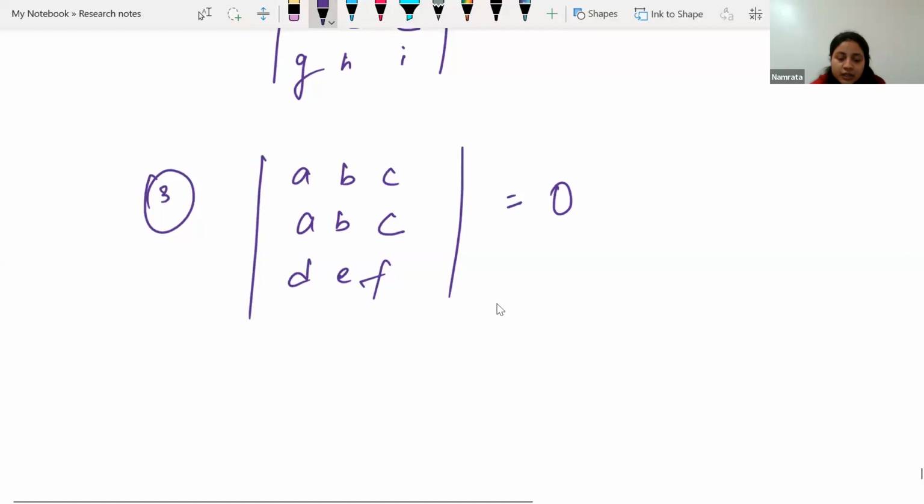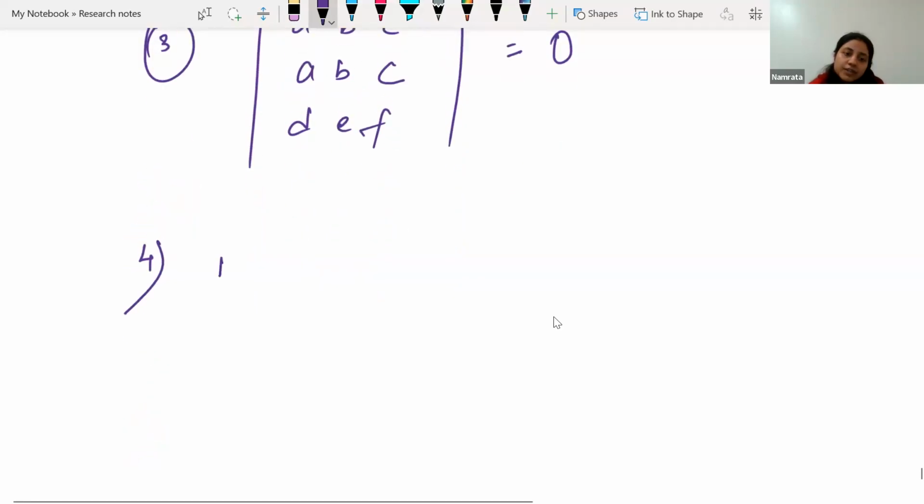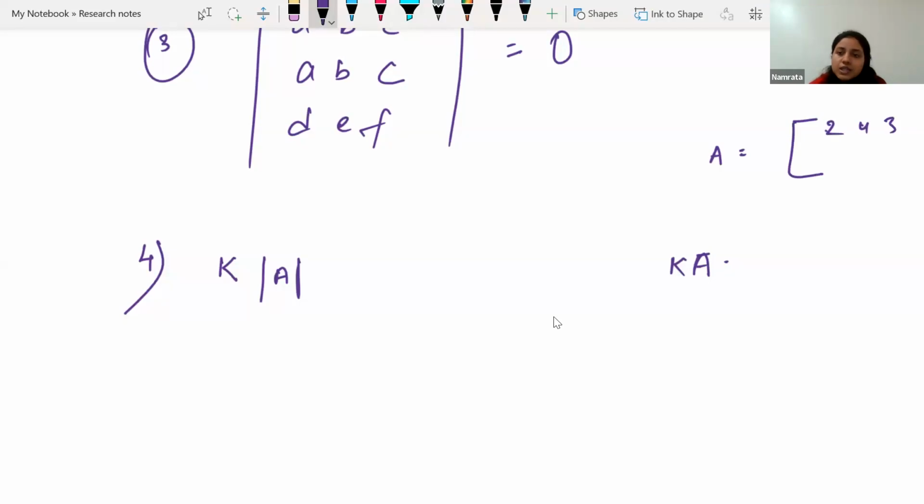now the next property says, suppose we are having k, any scalar, multiplied with a determinant. Suppose we are having this type of arrangement. Then in matrices, what we used to do, when we were having k and there is a matrix, let's say matrix A, which is 2, 4, 3, 1, 5, 6, 3, 5, 8, something like that.